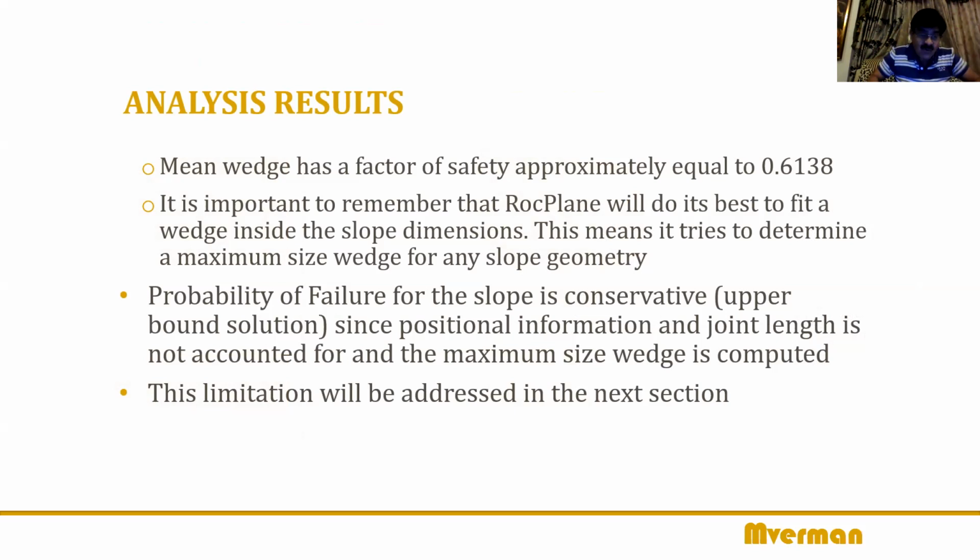The focus of RocPlane is on fitting the wedge. The software thinks that the user has specified this size of slope geometry, so whatever the maximum possible size of wedge is, it will fit it. Now that kind of size may not be formed, so you are getting a probability of failure which is on the higher side. The actual probability of failure may be less.